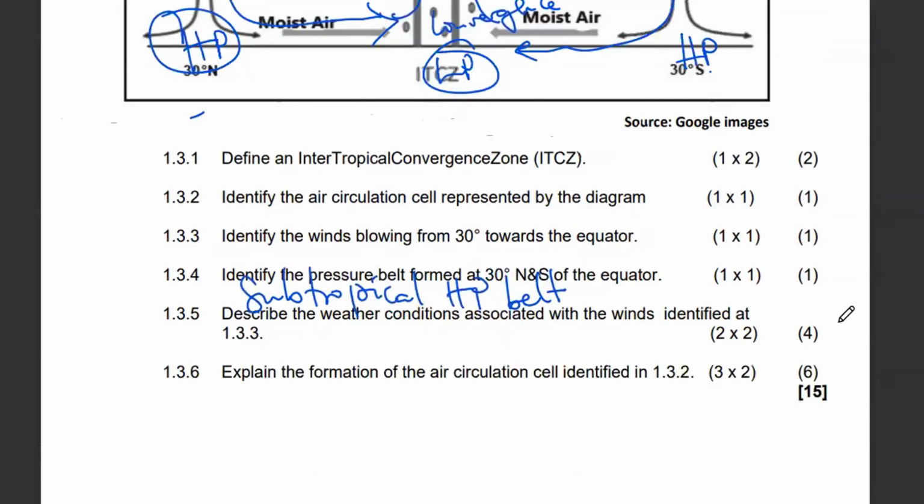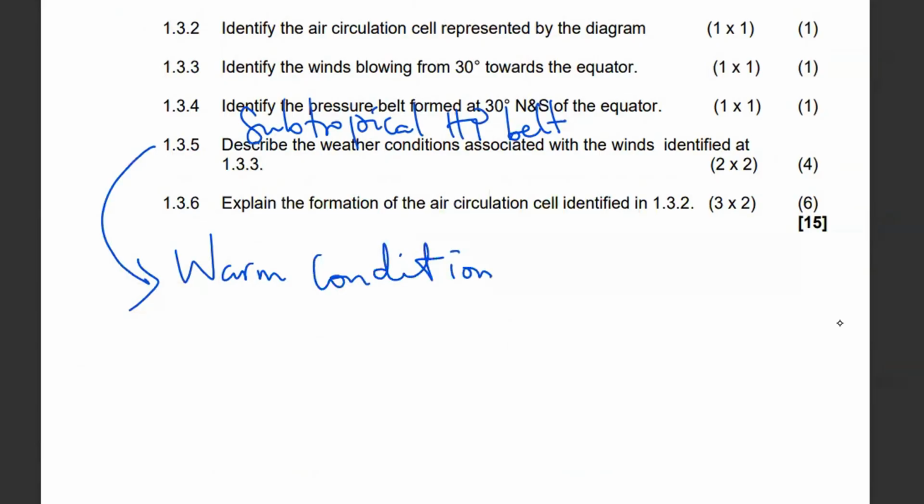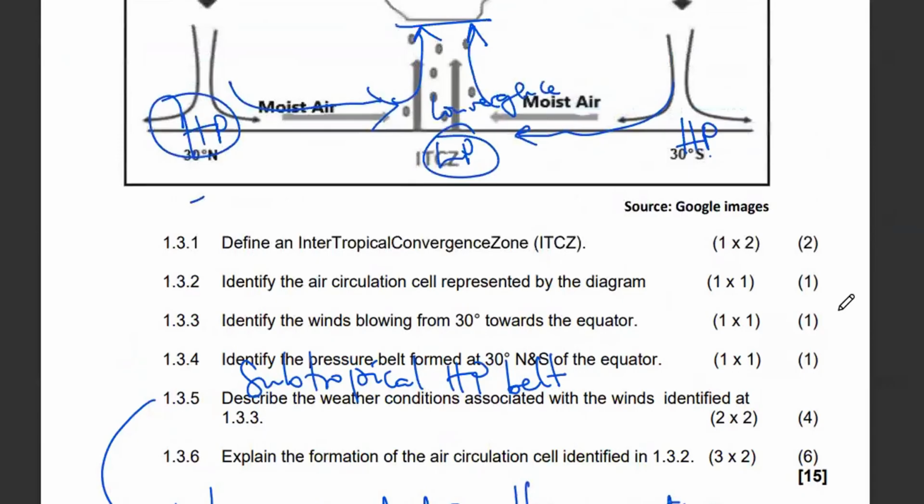Describe the weather conditions associated with the winds identified at A at 3.1. What are the weather conditions? They are associated with warm conditions or warm temperatures, because of the region that they originate from. They originate in warm conditions.